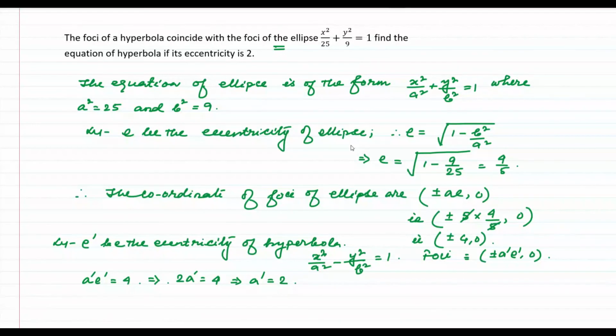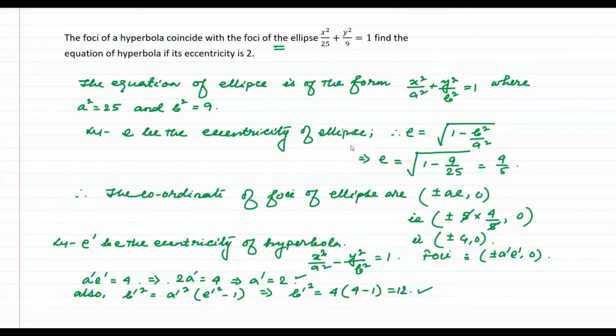Also, b prime square, we know the relation is a prime square into e prime square minus 1, which implies b prime square equals 4 into 3, putting the values of a and e, it's giving 12. So once we get the values of b prime and a prime, we can write the equation of the hyperbola.